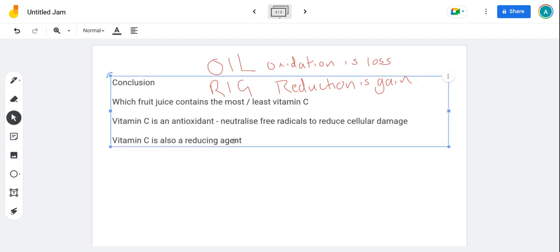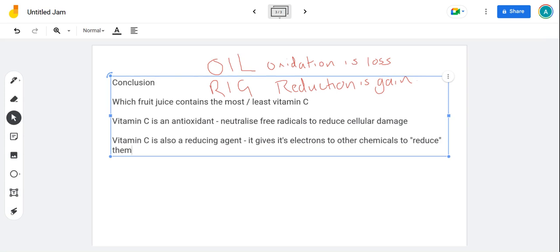That means it causes other things to gain electrons. So it gives its electrons to other chemicals to use. Look at your OIL RIG at the top to help you understand that.